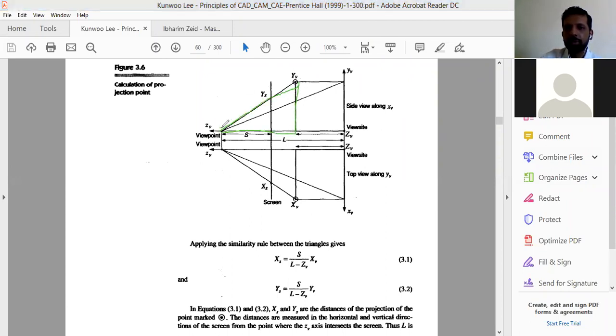So we have the viewpoint as one point of the triangle, YV as the second point, and this coordinate on the axis. The other triangle is inside this itself, starting from the viewpoint up to the screen and onto the axis over here. So we have something like this.